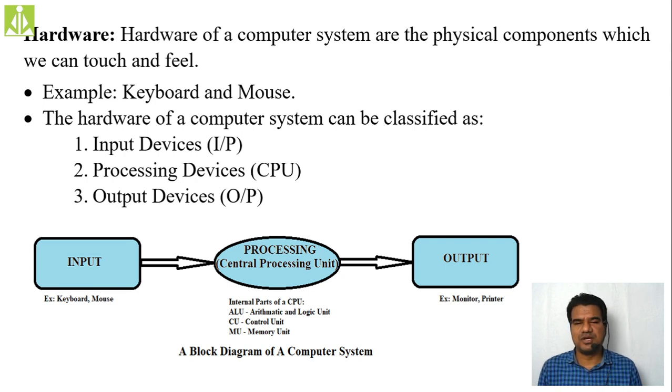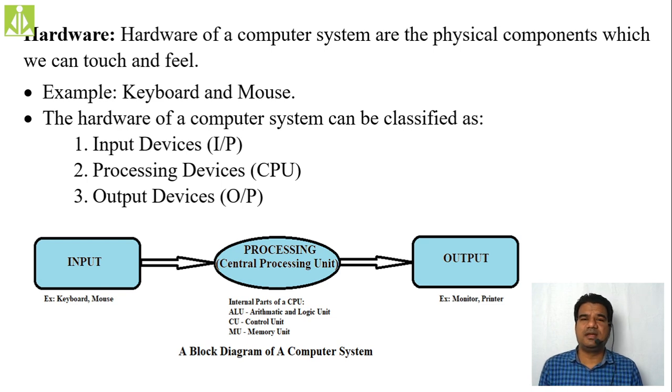About this processing unit we will also discuss in detail. Then we have output devices, which generate the output for the user. So we have three classifications: the first is input devices, the second is the processing unit, and the third is output devices.